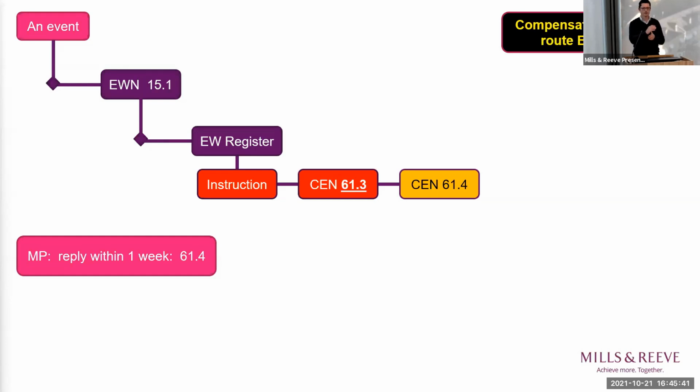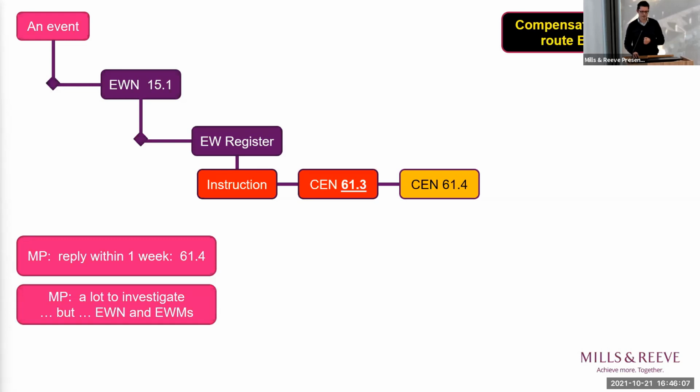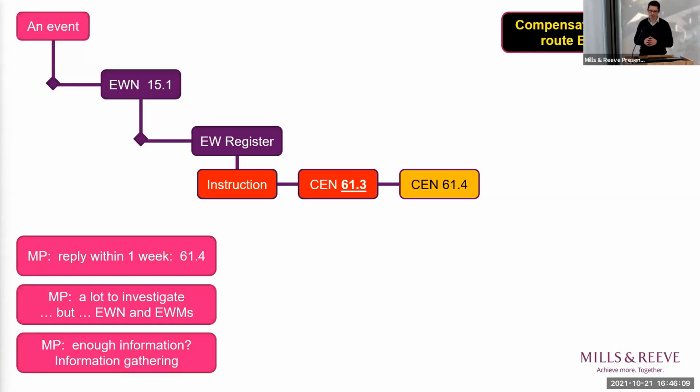And that's why the day-to-day management is so important for the project manager and for the contractor, because in order to successfully reply within 1 week, we suggest that you need all of the information that has been discussed as part of the early warning regime to enable the project manager to hit that 1 week window. It might be that the PM doesn't have enough information within the 1 week window in which to reach a decision.